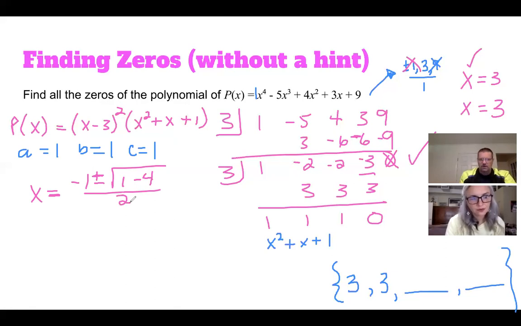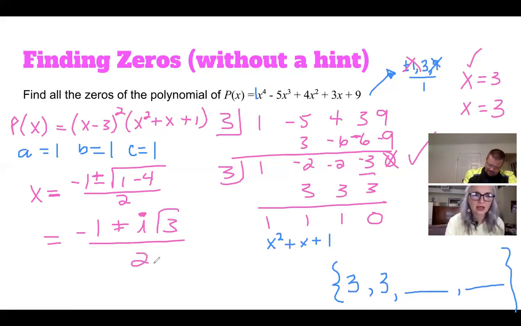Oh no, I got imaginary solutions, which we saw because the graph never crossed the x-axis again. So my answers would be negative 1 plus or minus i square root of 3, because what you end up with underneath that radical is negative 3. And those are the other two solutions that will go in the blanks.